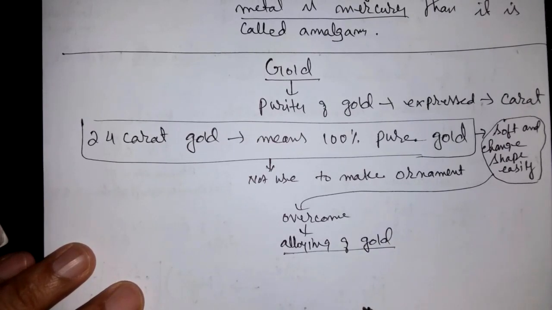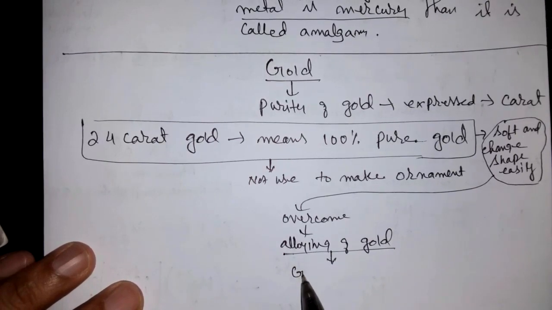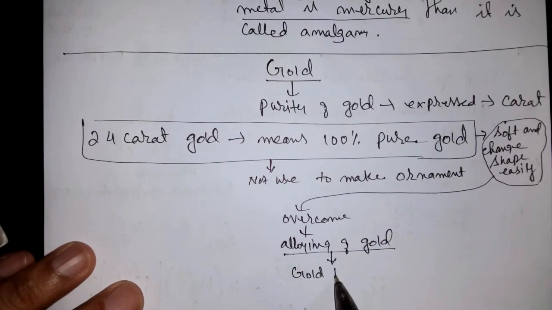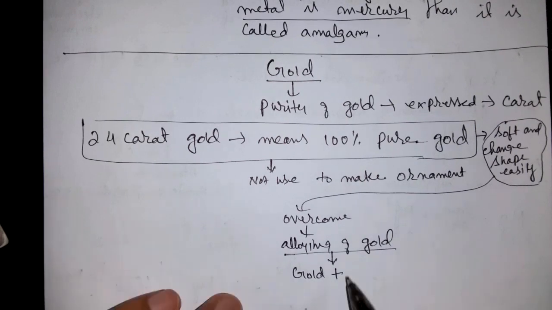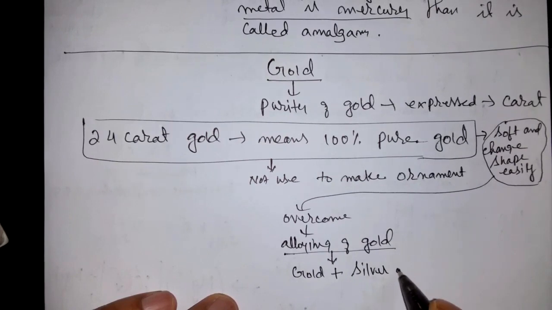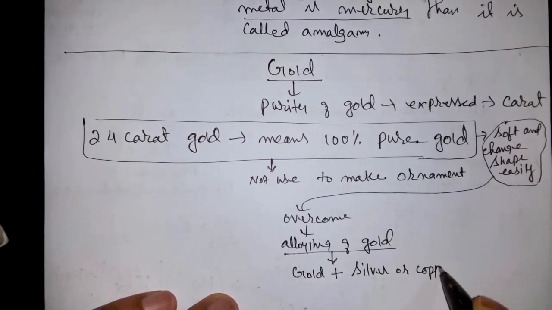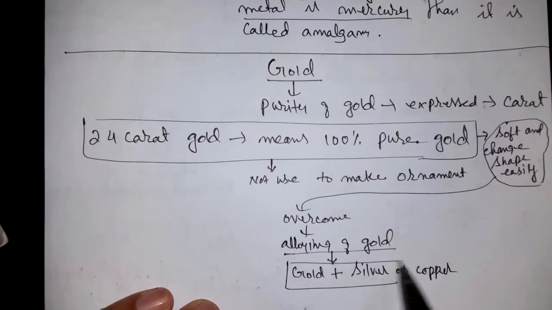That means in gold, we have to mix other metals. Now, which metal can we mix? Generally it's silver or copper. Any one can be mixed. So when you mix silver or copper in gold, then what happens?